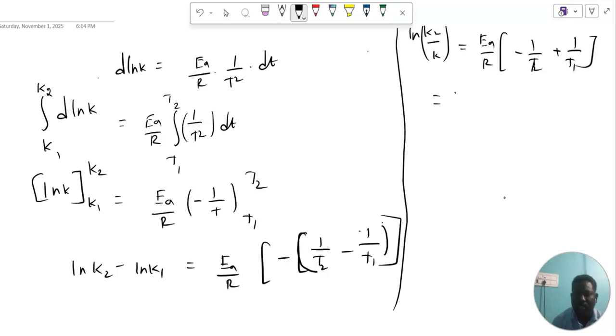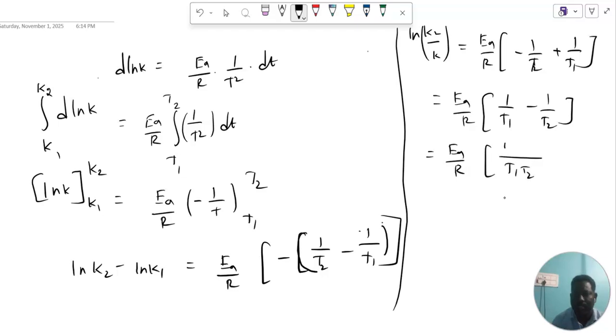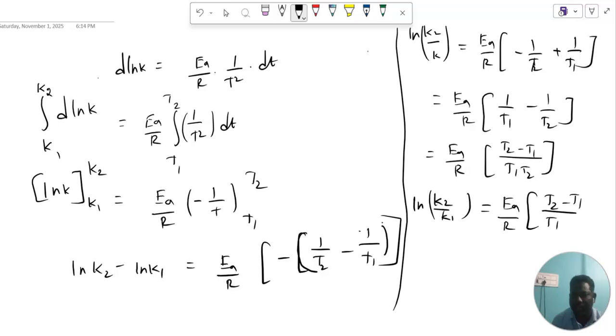So this you can rearrange and write 1 by T1 minus 1 by T2. Take the LCM, EA by R, T1 T2 will be your LCM, T2 minus T1. So finally the equation becomes ln K2 by K1 is equal to EA by R, T2 minus T1 by T1 T2.